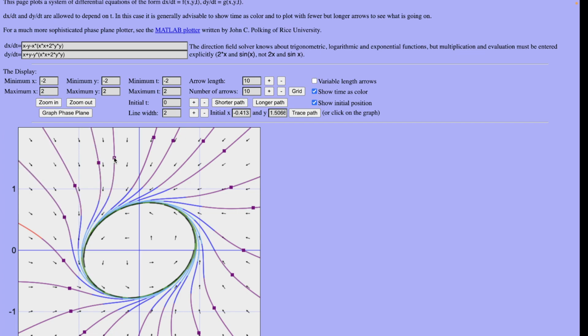This is the limit cycle, and from the inside all trajectories go towards it. So we get a limit cycle. Obviously this limit cycle is a stable limit cycle, and the direction is anti-clockwise because d theta/dt equal to 1 is positive.